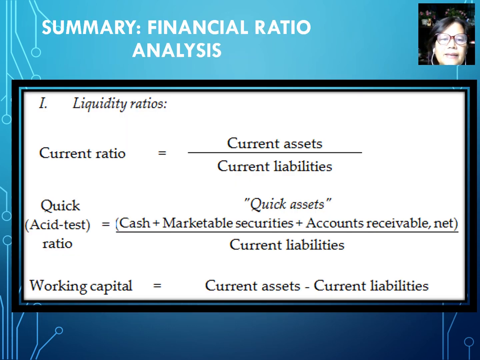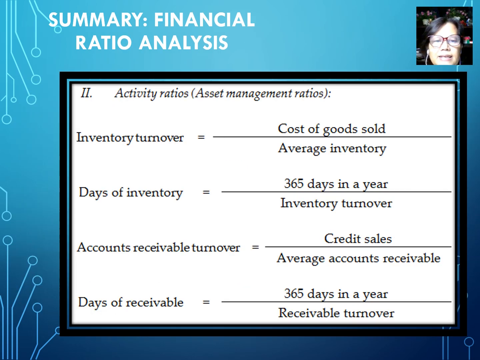Okay, then to summarize, liquidity ratio, current ratio is equal to current assets over current liabilities. Then quick ratio, cash plus marketable securities plus accounts receivable net over current liabilities, and then working capital is equal to current assets minus current liabilities.